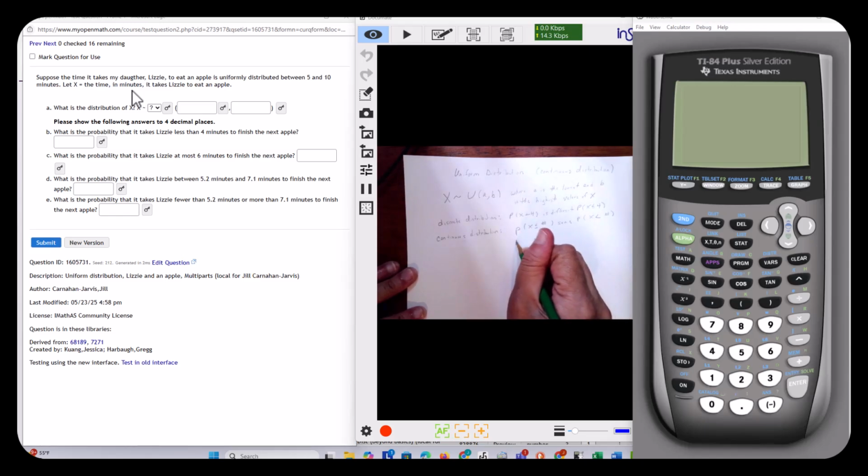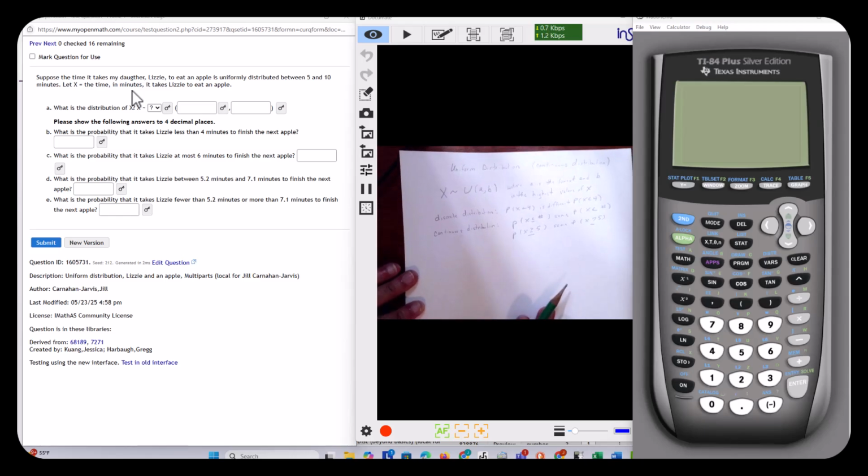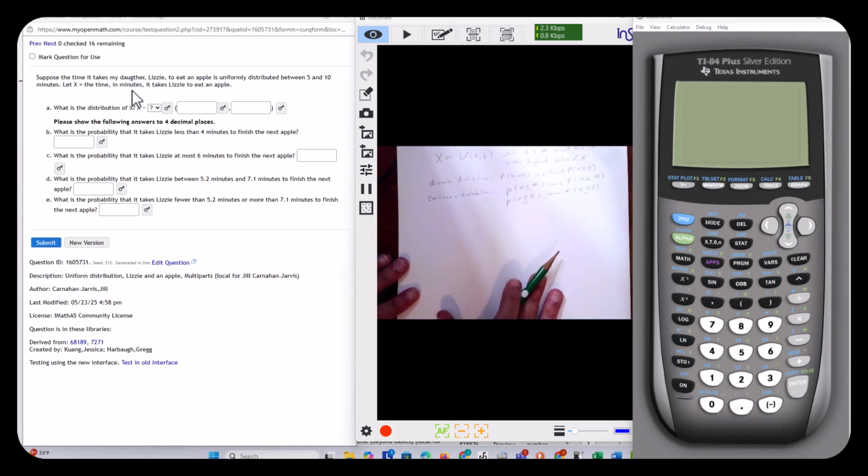I could have said the probability that x was greater than or equal to some number, 5, we'll just put an example, 5 here, will be the same as the probability that x is greater than 5. Again, greater than or equal to and greater than are going to be the same thing. Less than or equal to and less than are the same thing in a continuous probability distribution. So, point that out.